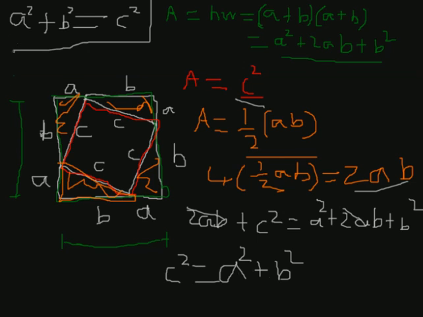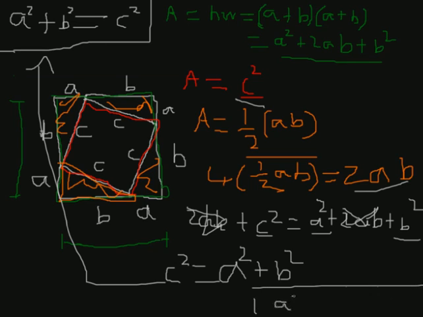That's just the same thing as the Pythagorean theorem. So these two cancel out, and we get c squared is equal to a squared plus b squared. Now we just flip it around, and we get a squared plus b squared equals c squared. So this is one of the proofs of the Pythagorean theorem.